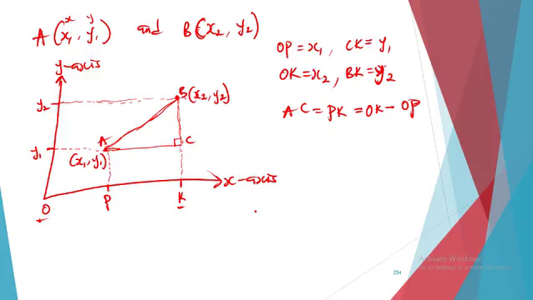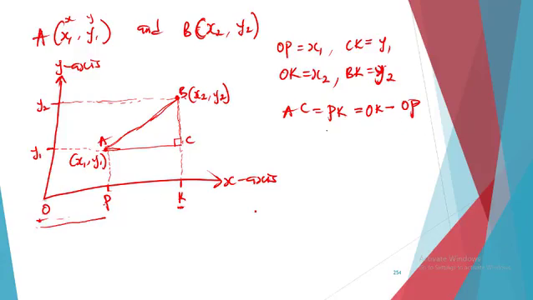Then to get the value of AC, you subtract OP from OK. Do we understand? So to get the value of this, you have to subtract this OP from the total line from 0 to K.